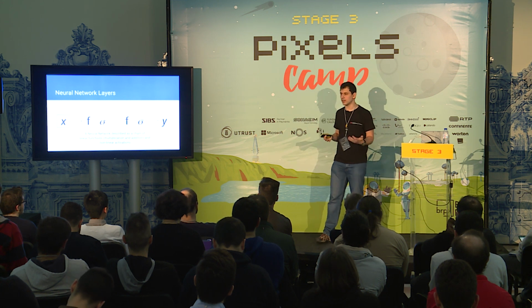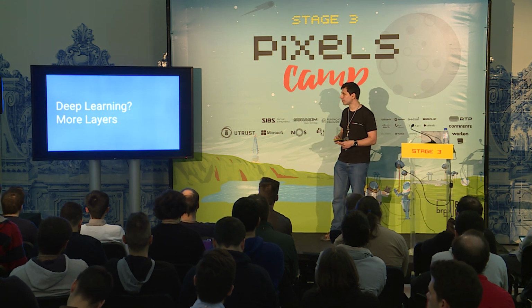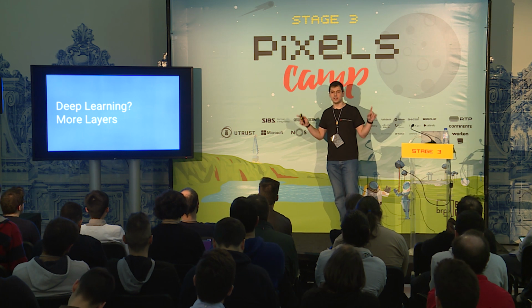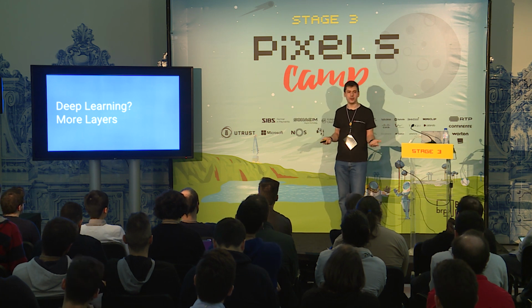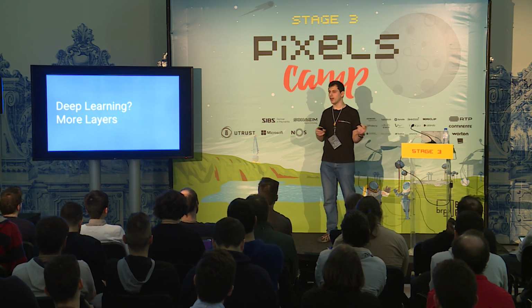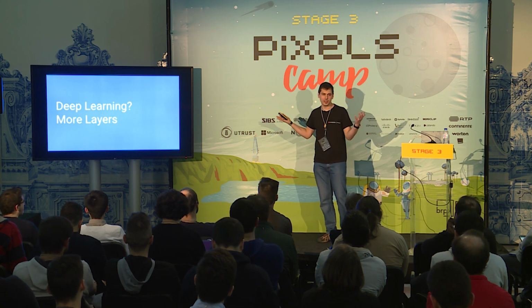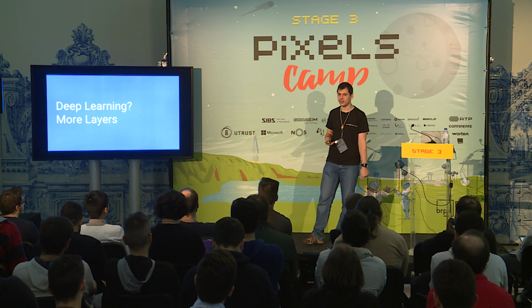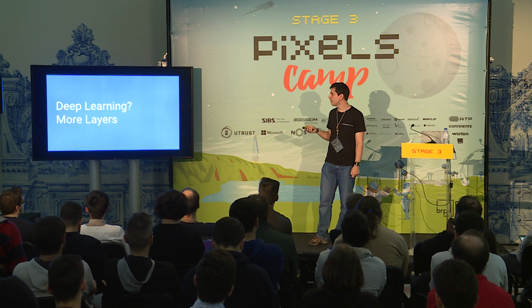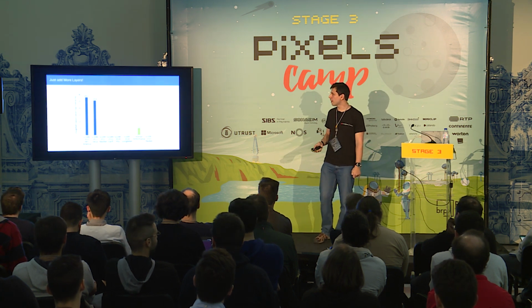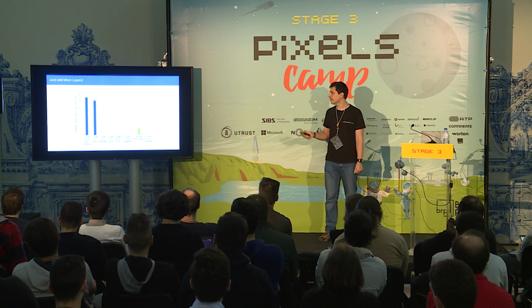So this is a balance that we have to take. So what's this deep learning thing that I keep hearing about? It's just having a lot of layers. Lots of layers, it's deep learning. Nothing else to it.